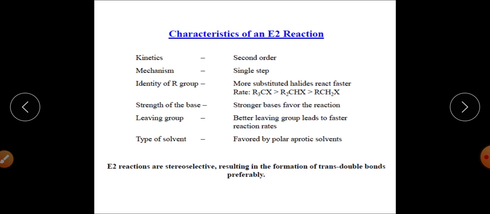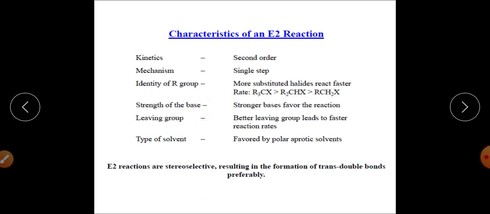When we talk about the general characteristics of the E2 reaction, this is basically a second order reaction, and the rate depends on the concentration of the substrate and the concentration of the base. This is a single step mechanism. As we have already discussed, the substrate structure should be tertiary, then secondary, then primary.